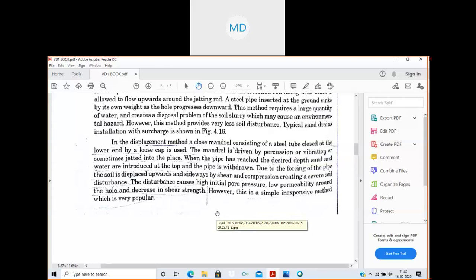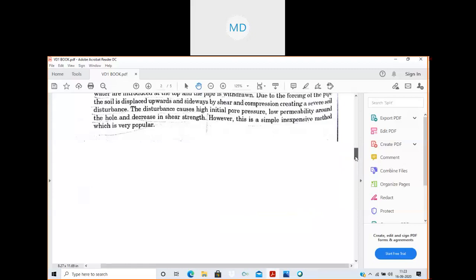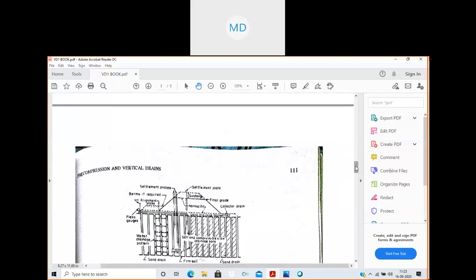Then the tube is hollow, and in that tube the sand is poured along with water so that it gets settled. Then the steel tube is withdrawn from the place, allowing the sand drain to stay in place. That is what it is said. You can see this in the diagram.